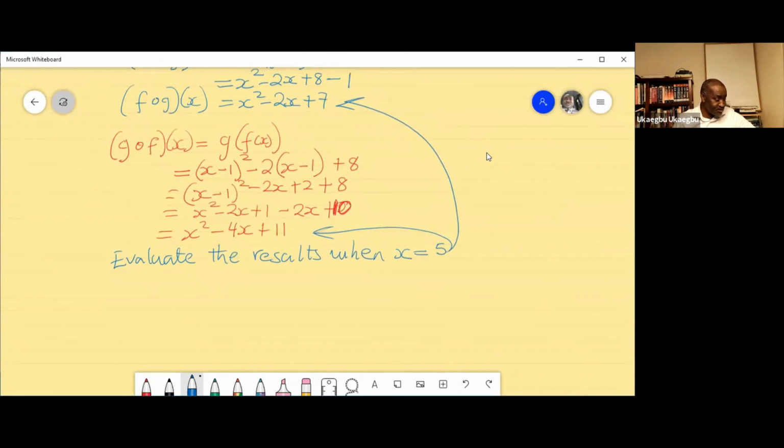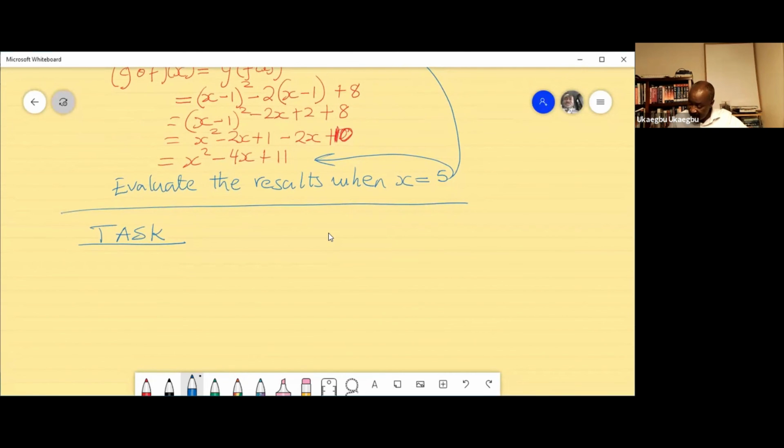So here's how the question goes. Given that, so this is the task. Given that f of X is equal to 2x plus 1 and g of X is equal to x squared plus 2x.